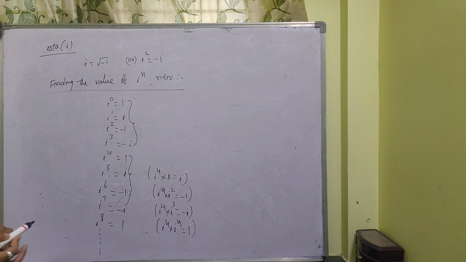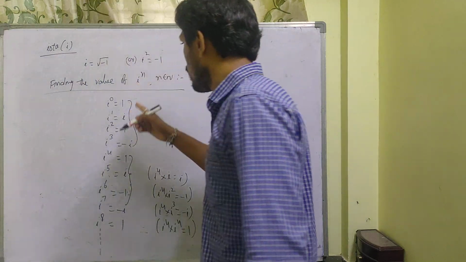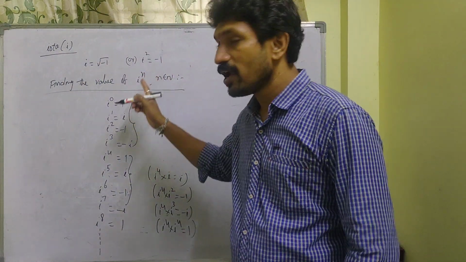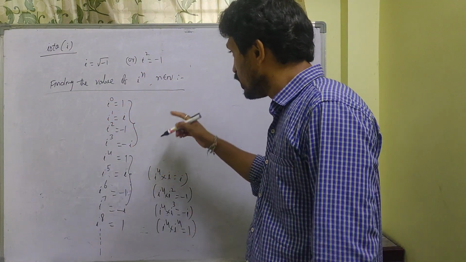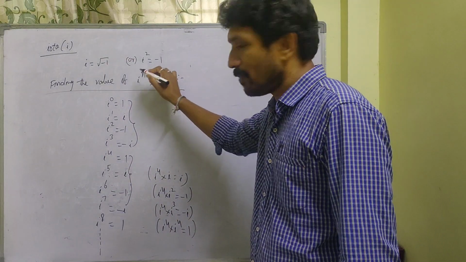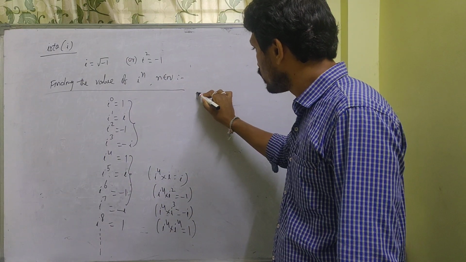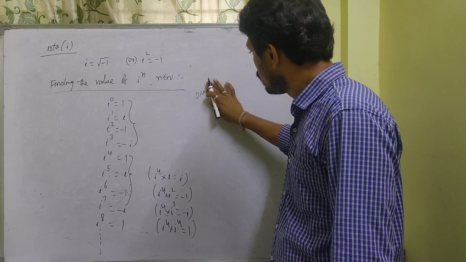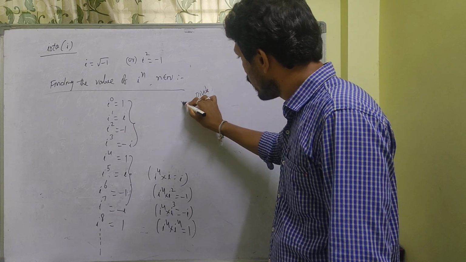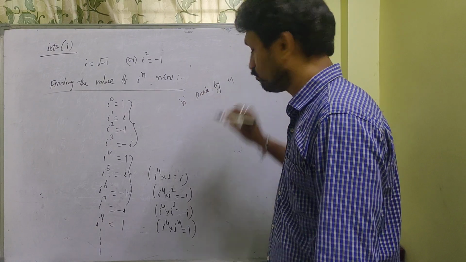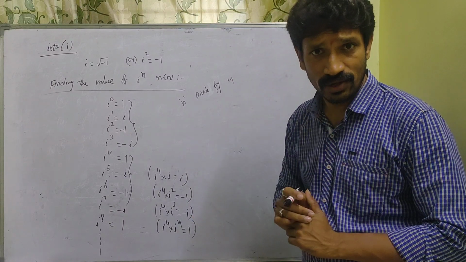So that's why, if you want to find the value of i power n, whatever may be in the place of n, just divide n by 4.